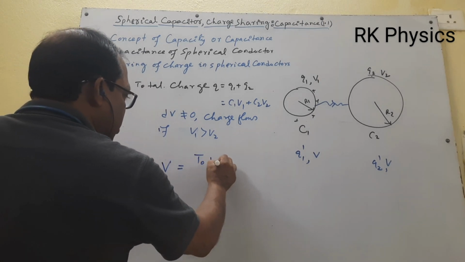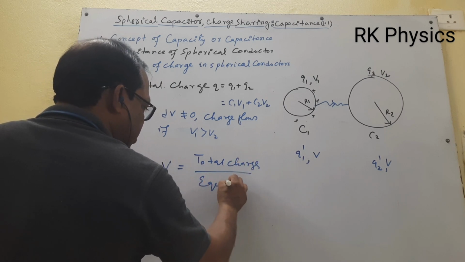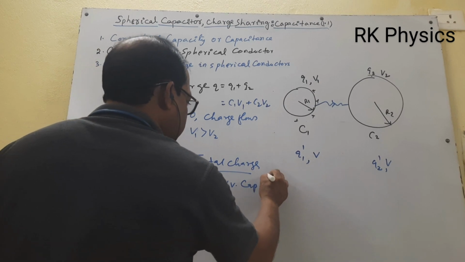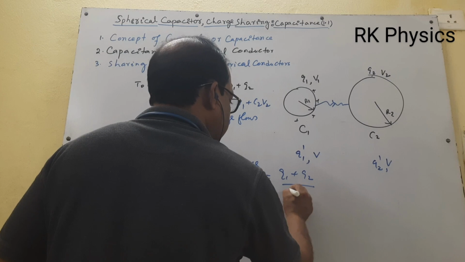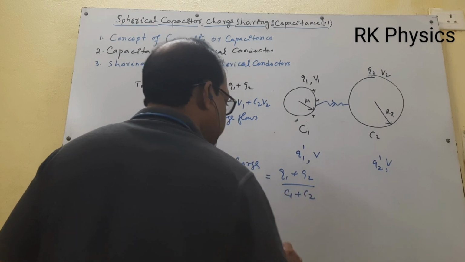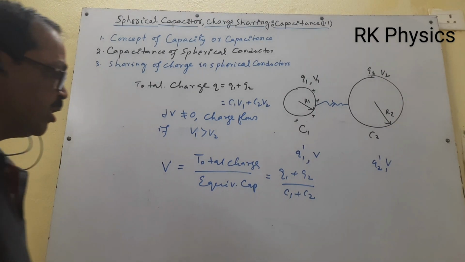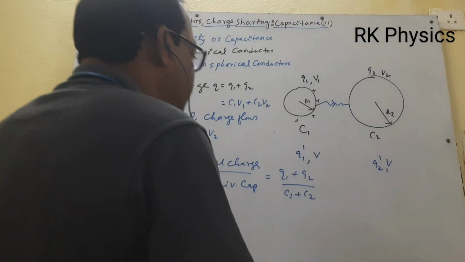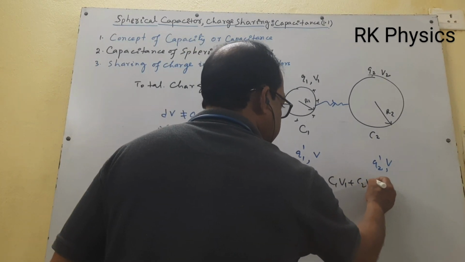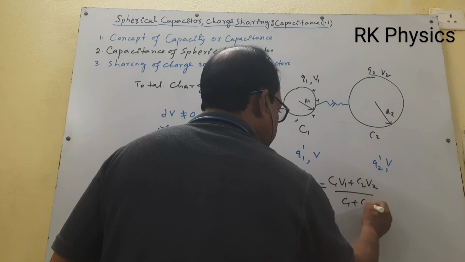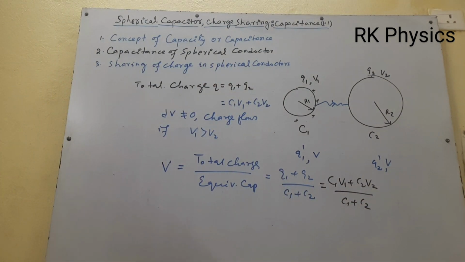Common potential is total charge divided by equivalent capacitance. Total charge is Q1 plus Q2, divided by the equivalent capacitance C1 plus C2. In terms of capacitance and potential, this is C1 V1 plus C2 V2 divided by C1 plus C2. This is the common potential.